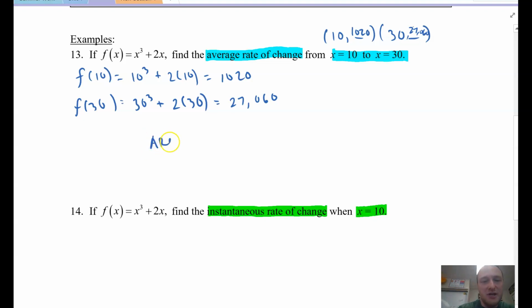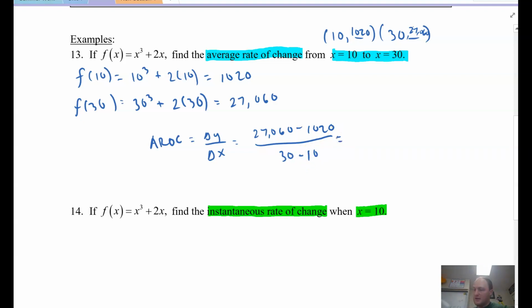So the average rate of change is delta y over delta x, rise over run. The change in our rise is 27,060 minus 1,020 over the change in our run, so 30 minus 10.